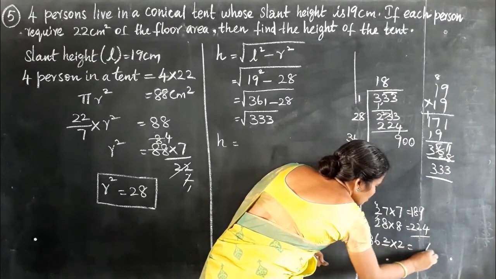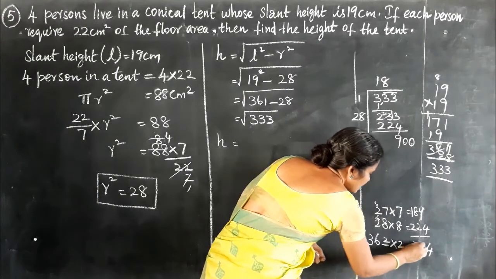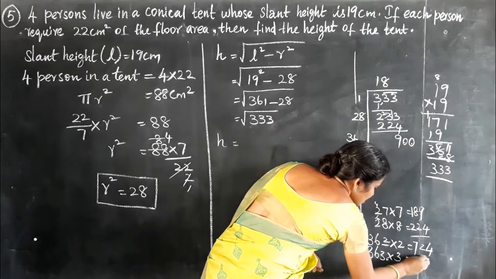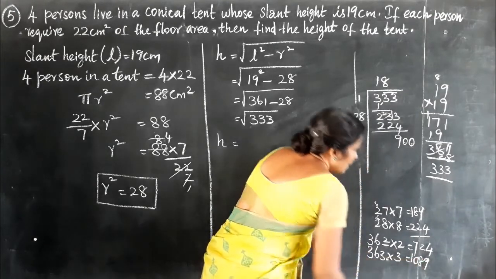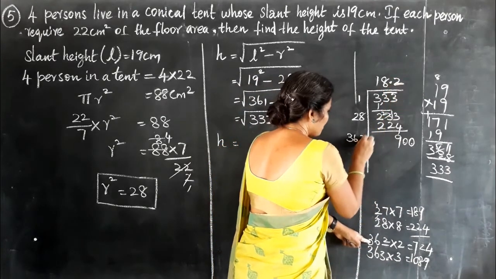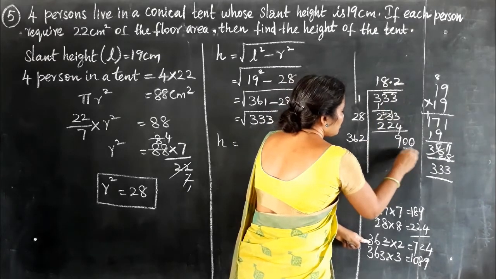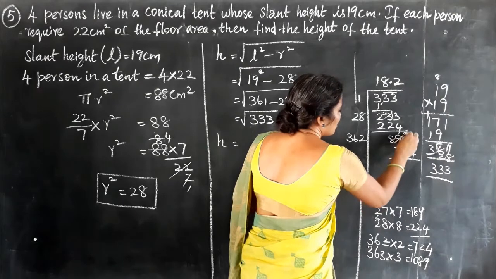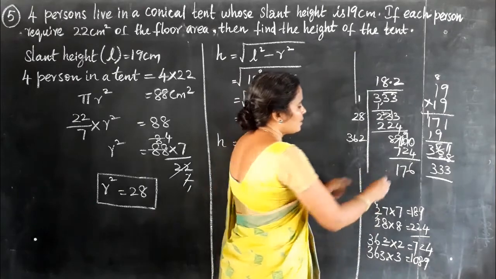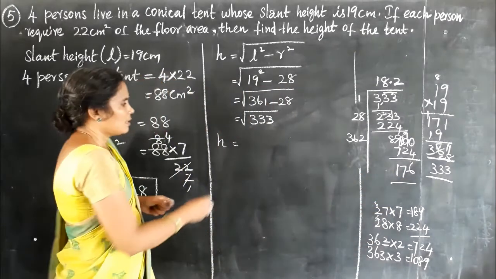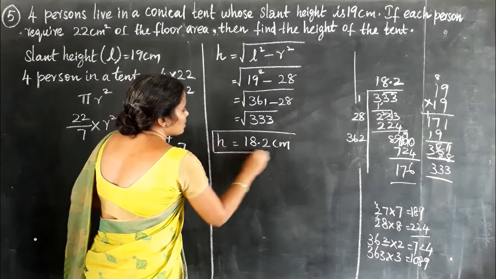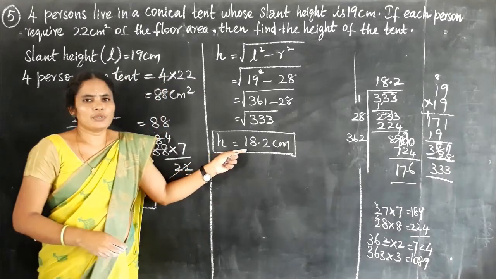If you go with 3, it is more than 900. So we can take 2. So keep decimal 2. If you need 2 places, you can continue doing square root. So 18.2 centimeter. Therefore, height is equal to 18.2 centimeter.